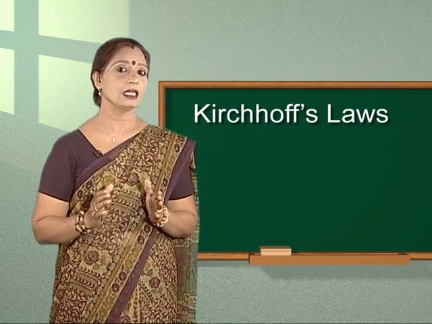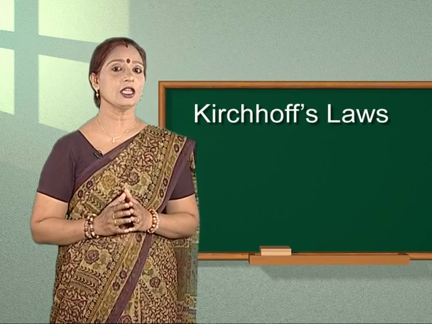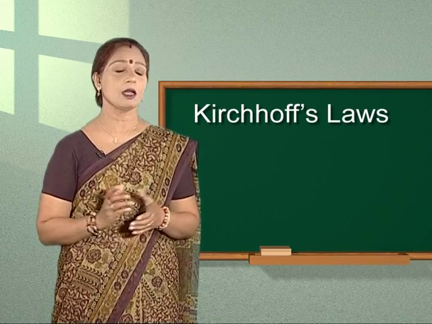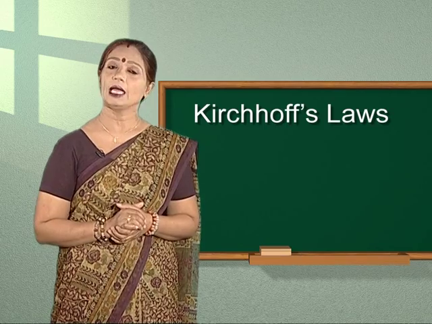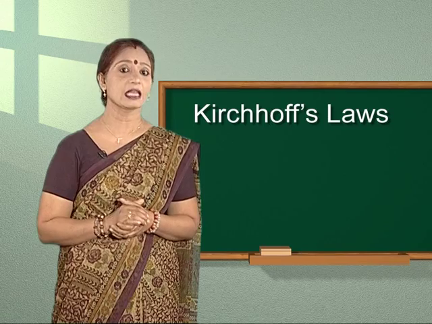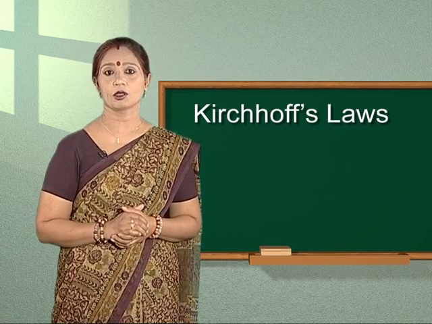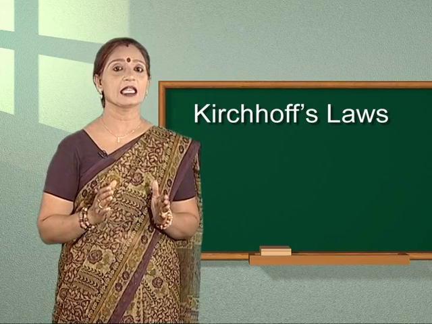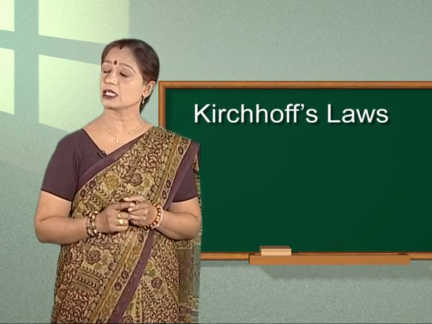That is, the net change in the energy of a charge after the charge completes a closed path must be 0. In fact, Kirchhoff's second law follows from the fact that the electrostatic force is a conservative force and work done by it in any closed path is 0.